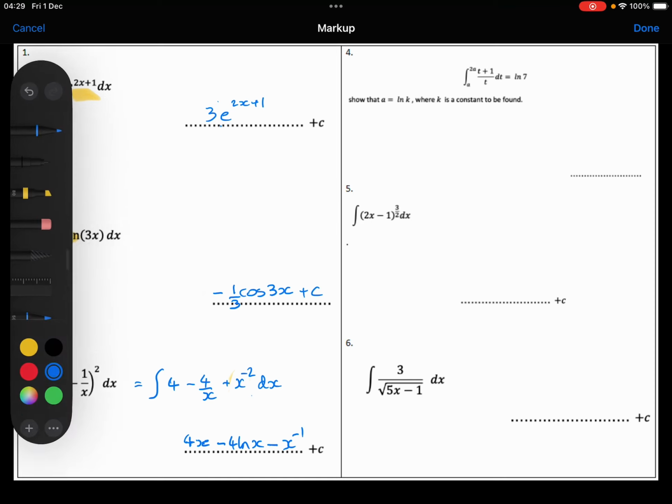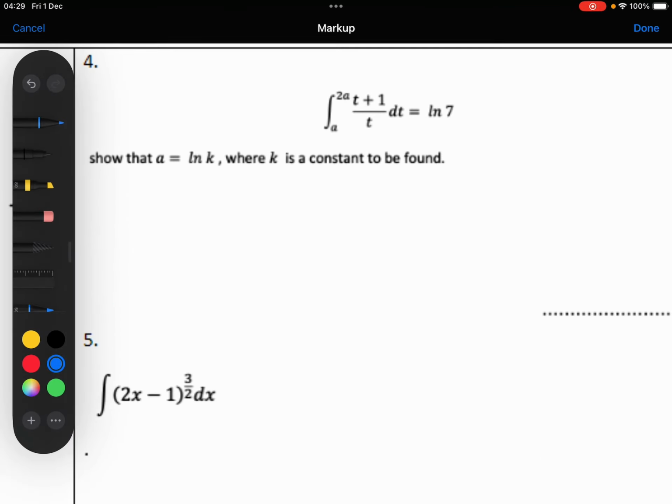Moving on to question 4. We've got the integral from a to 2a of t plus 1 over t dt is equal to ln 7. We need to show that a is equal to ln k, where k is a constant to be found.